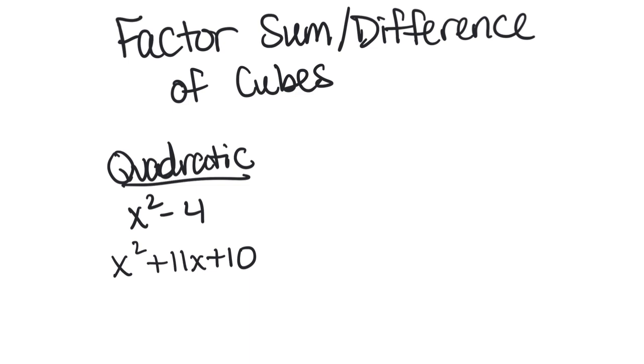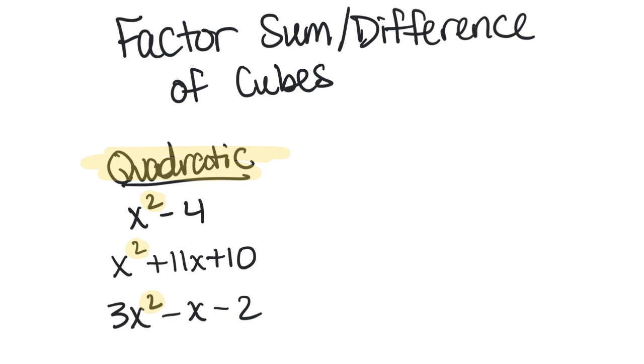And then we've also done our rainbow method where we might have something like 3x squared minus x minus 2 or something like that. Okay, but notice what all of these have in common. They all have x squared as their highest exponent because they are quadratics.